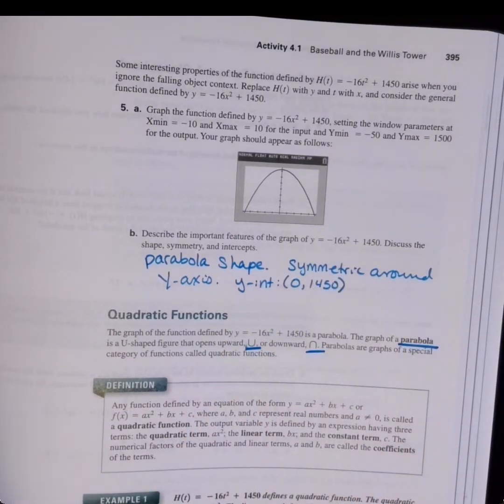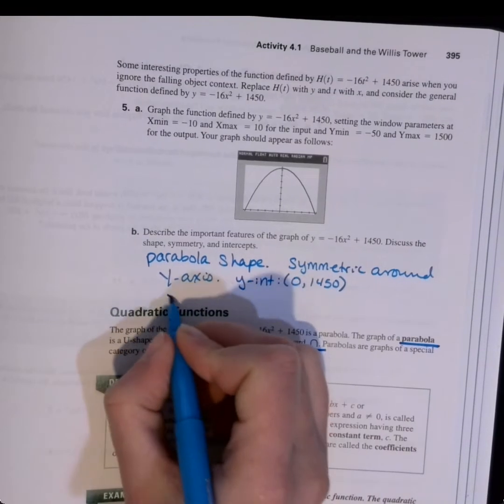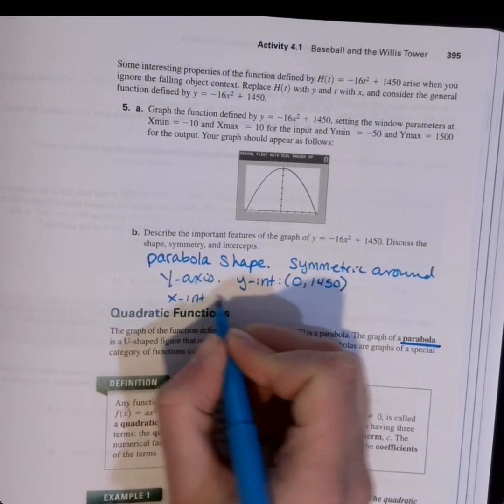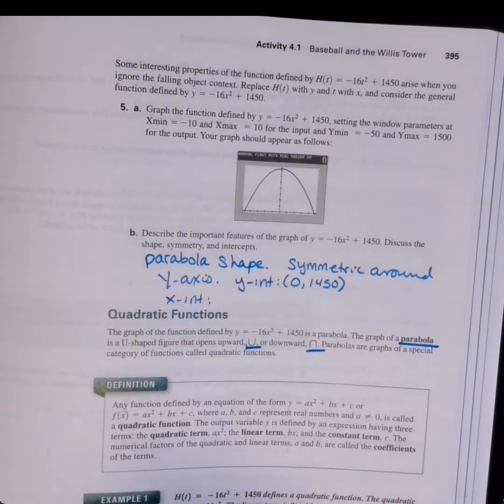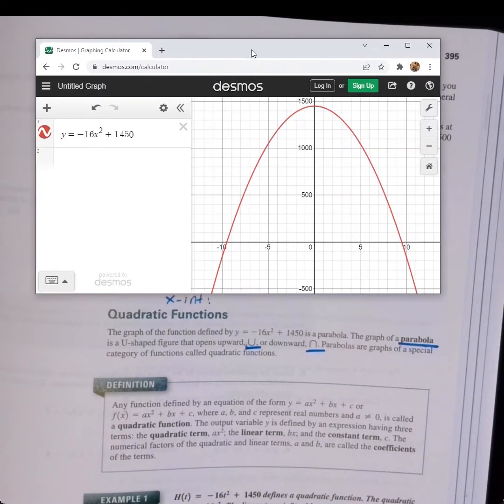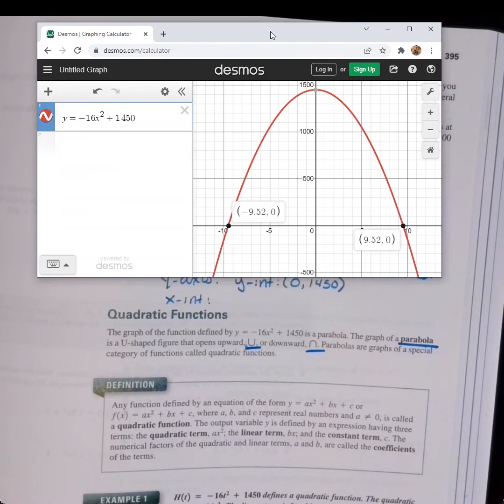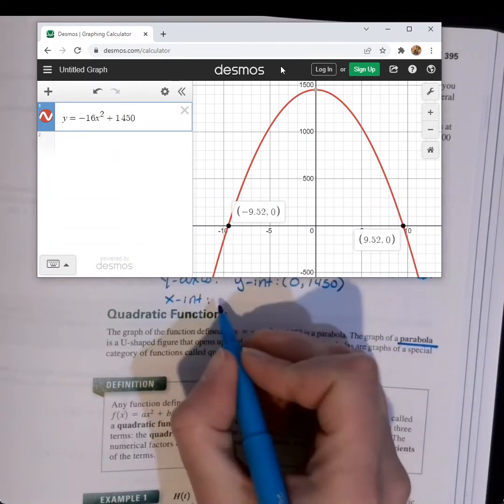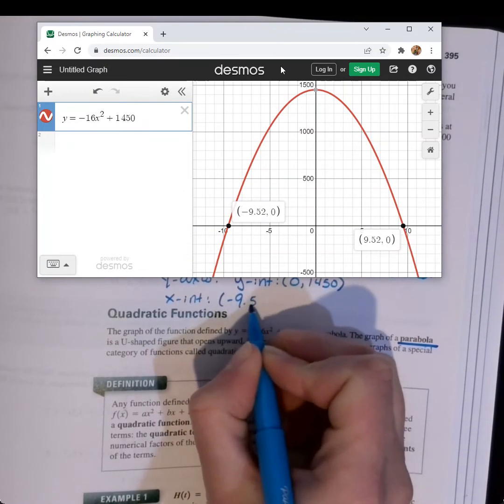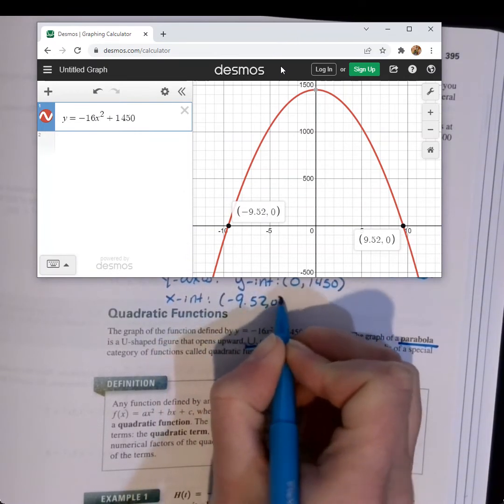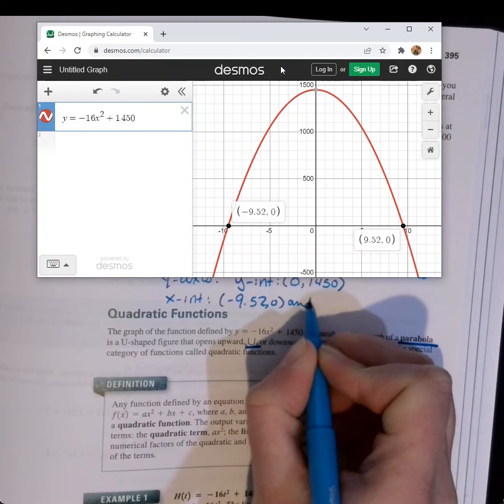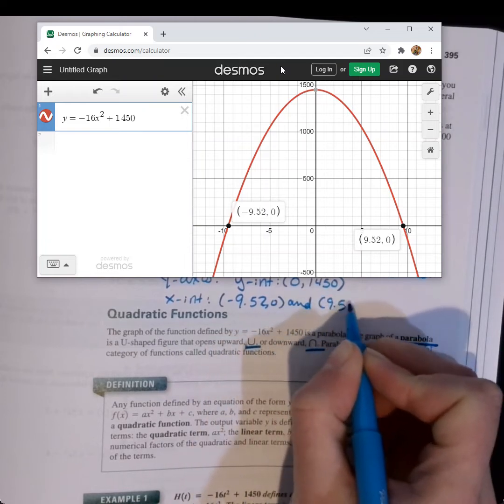And it has two x-intercepts. And I don't know what they are yet, so let's find out. Negative 9.52, 0 and 9.52, 0.